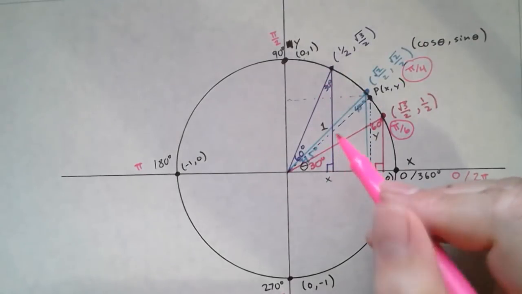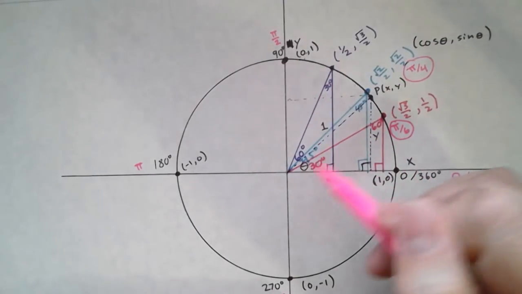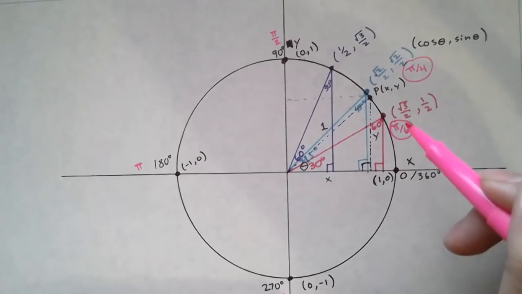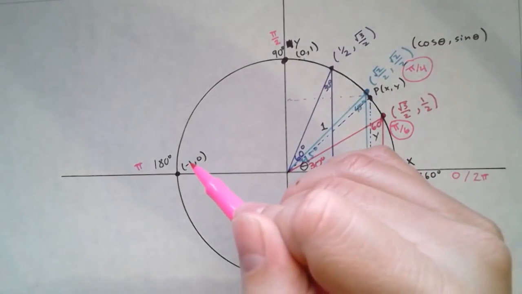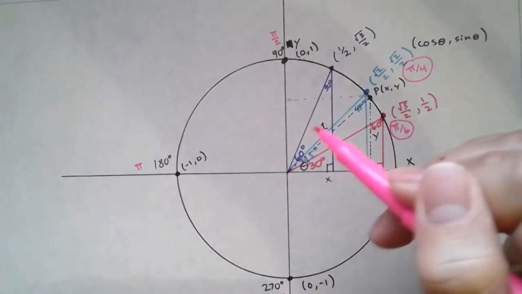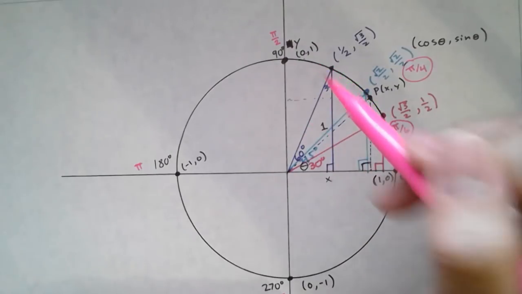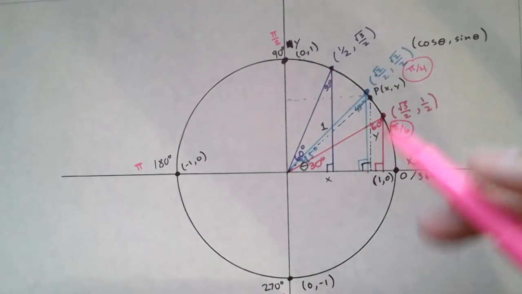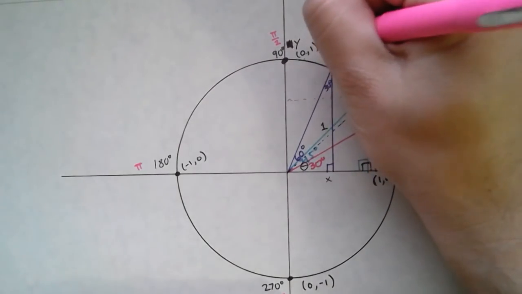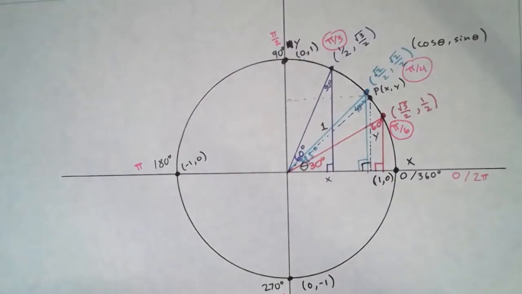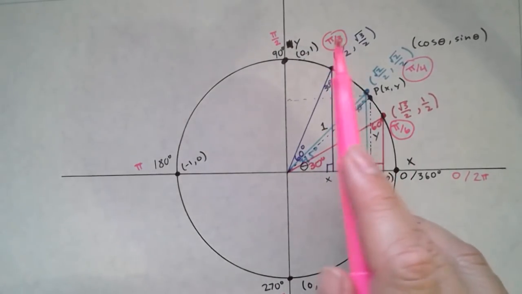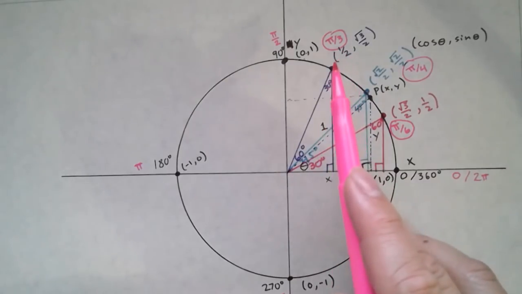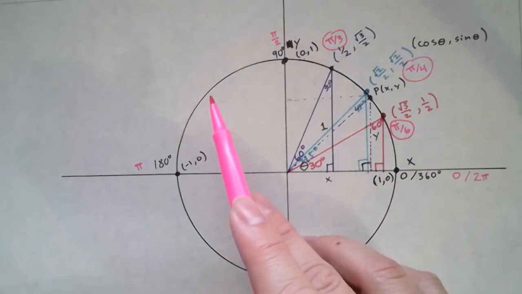Well, if 30 degrees was pi over 6, 1/6 of the entire thing, pi, then 60 degrees will be 2 pi over 6, or if you simplify, pi over 3. Another way to look at it is that this one here is 1/3. This entire measure, pi over 3, would be 1/3 of going all the way to pi.